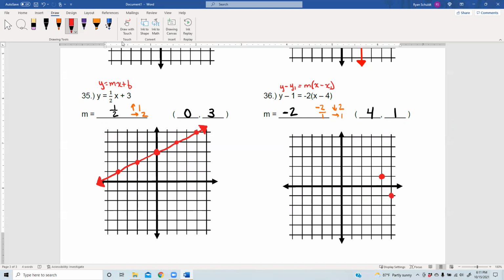I'm already out of room. So I go the other way until I run out of graph. And then I try my best to connect them in a straight line. It's not perfect, but you know what? It's good.